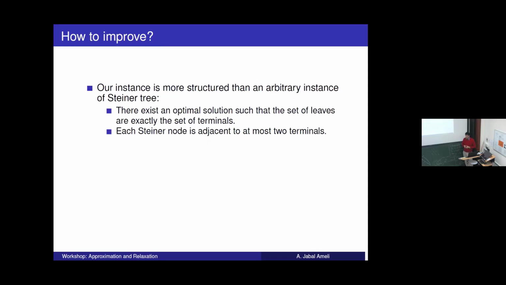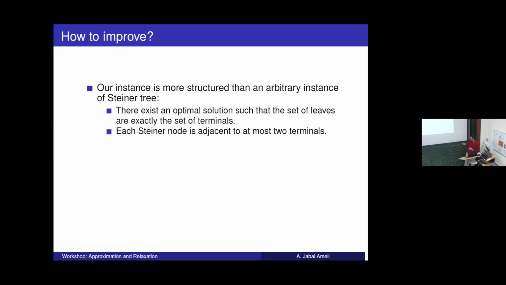And the question is how we can improve this for our purpose. Of course, we don't improve, as you said, the approximation factor for the Steiner tree problem. So we know that the instances that we are dealing with are more structured than an arbitrary instance. The first property, which is important for us, is that we can show that there exists an optimal solution in which the set of terminals is precisely the set of leaves.